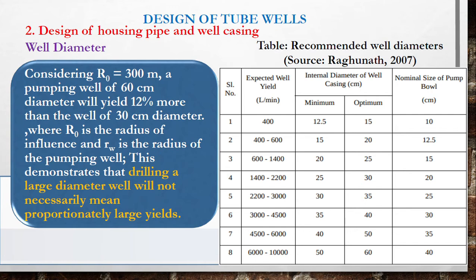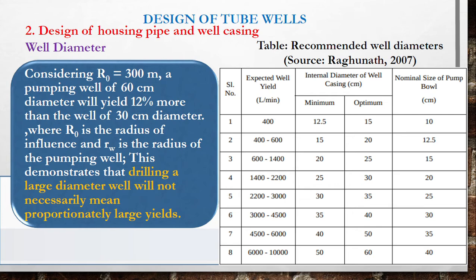For example, if we have a well of 30 centimeter diameter and we are extracting some 5 meter cube of water from that well, and now we construct a well of 60 centimeter, we expect a yield double that of 30. That is, 5 we got from 30, so we expect 10 meter cube from this 60 centimeter well.